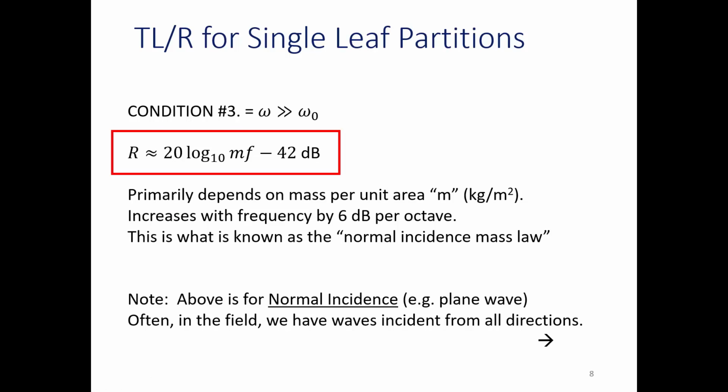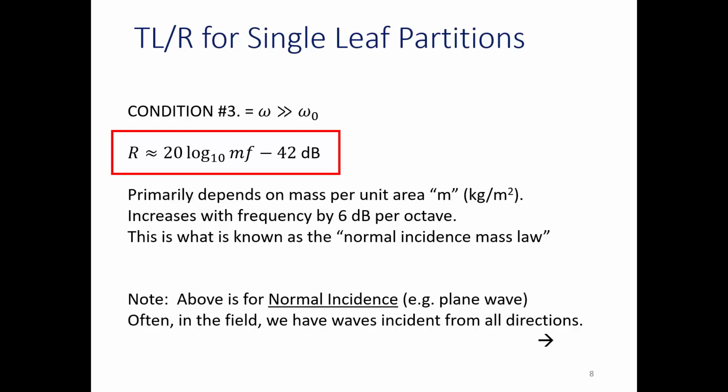Now, finally, we have condition number 3, which is the one we're primarily interested in. Here, the sound reduction is roughly equal to 20 times log 10 of the mass and the frequency, minus 42 decibels. There's this roughly equal to because there are other characteristics of the assembly that affect it that we're not accounting for here.